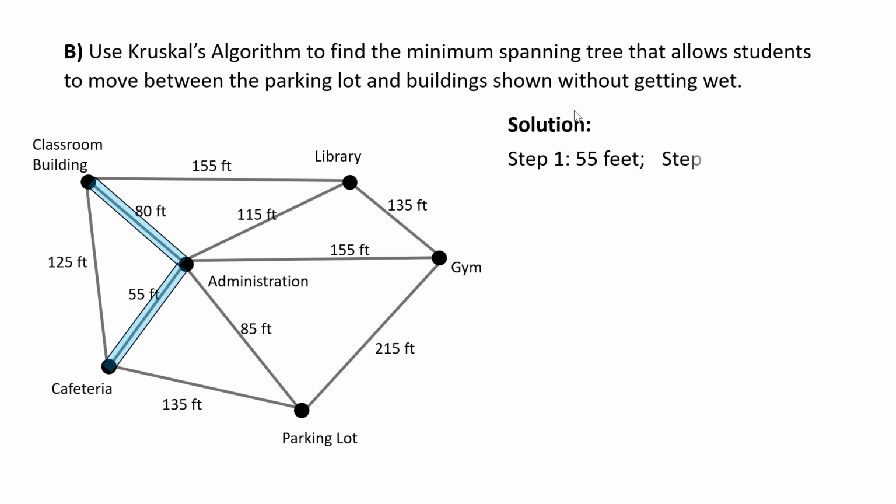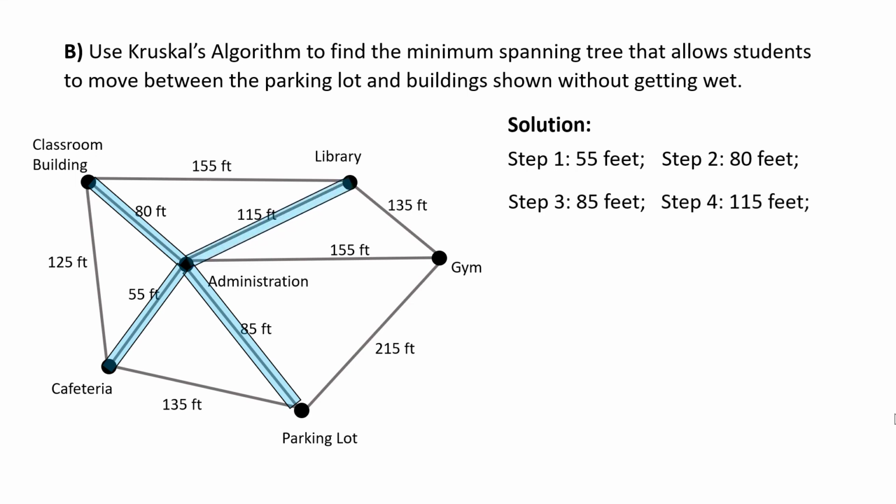So our step 2 is 80 feet. The next shortest distance appears to be between the administration building and the parking lot. So step 3 would be 85 feet. The next shortest distance is between the library and the administration building. So step 4 is 115 feet.